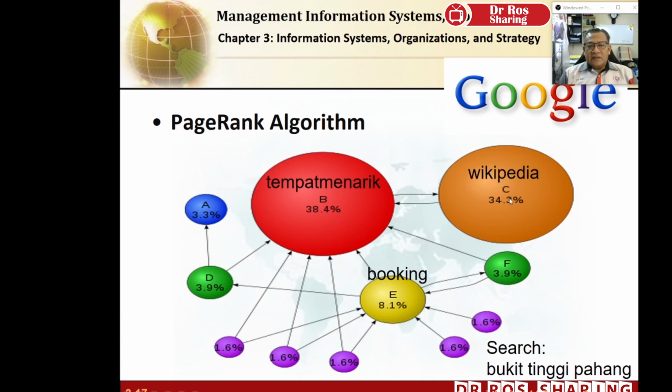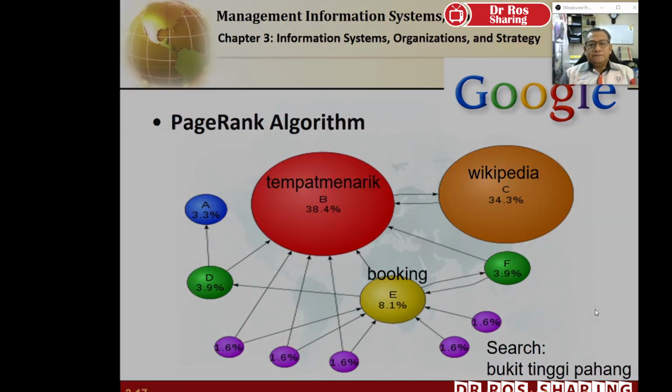Then Wikipedia, containing Bukit Tinggi Pahang, is the second website that contains the content the customer searched previously. And the third one, perhaps Booking, and so on. So it is a way for IT to match search results with the information requested by the customer or user.